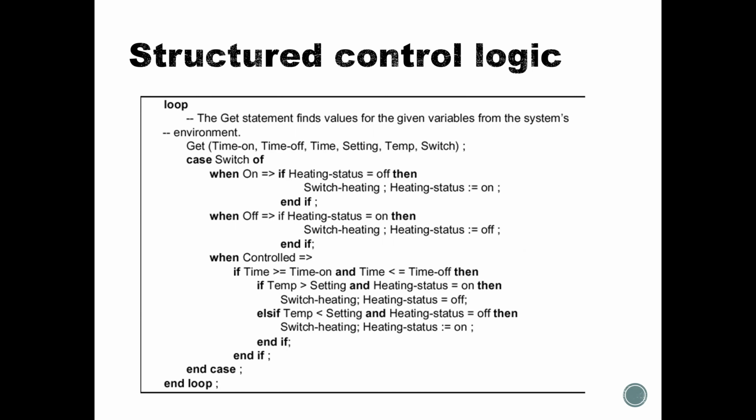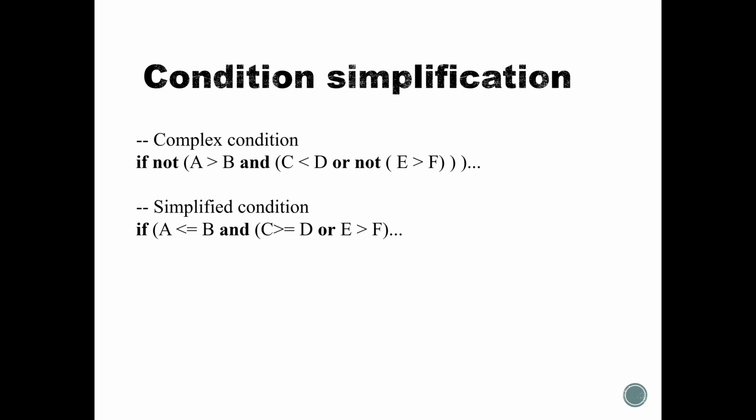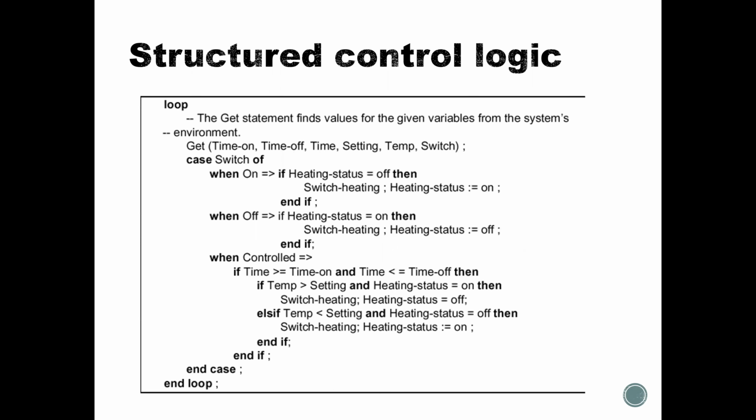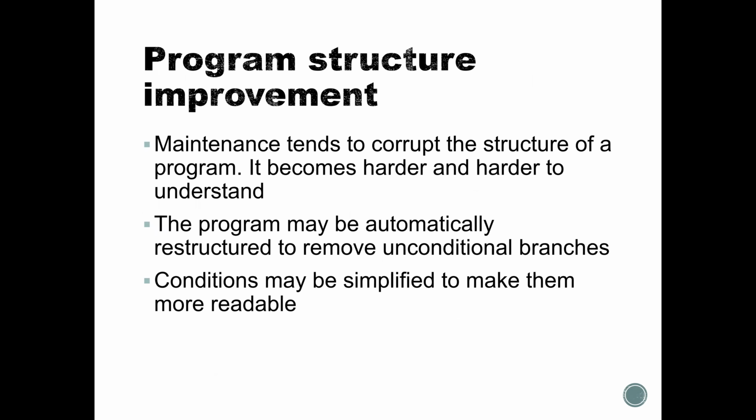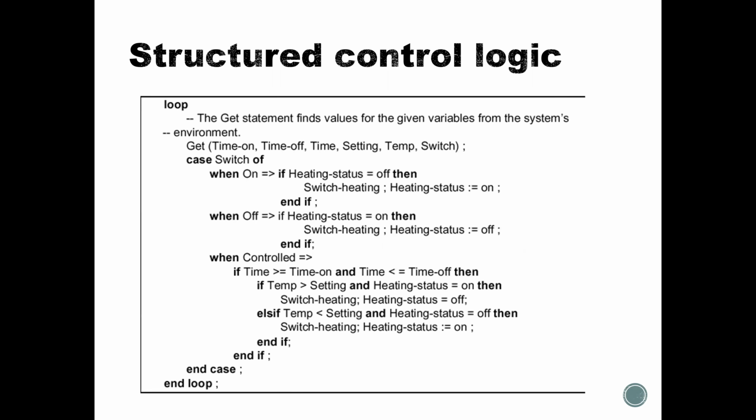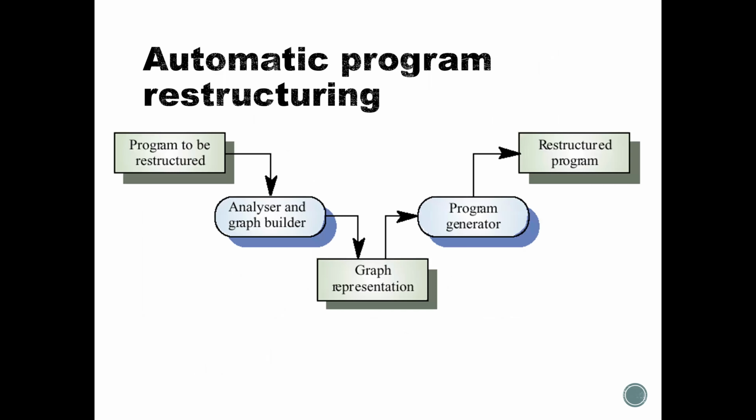The readability of the spaghetti logic can be improved with the help of some conditions, for example the second one: A is less than or equal to B, and C is greater than or equal to D, or E is greater than F. You need to do this with the help of program structure improvement. Basically, the old logic is structured and the understandability of the code is improved.